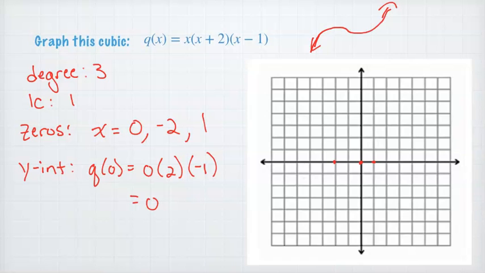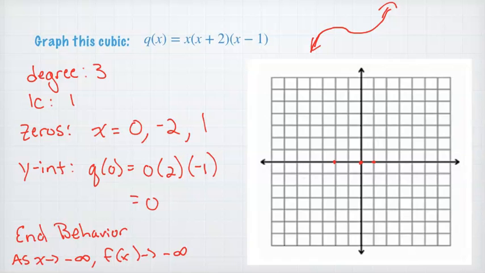Okay, so my end behavior, the way I would write that is I would say as x approaches negative infinity on the left, f of x is going to also approach negative infinity, and as x approaches infinity on the right, f of x is also approaching infinity.